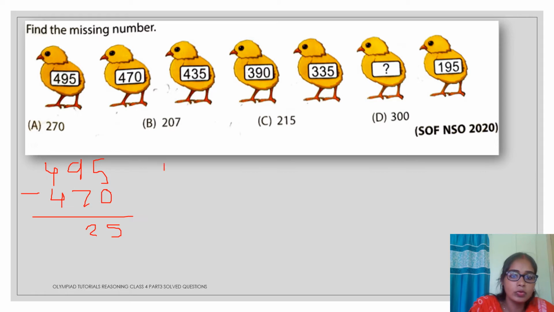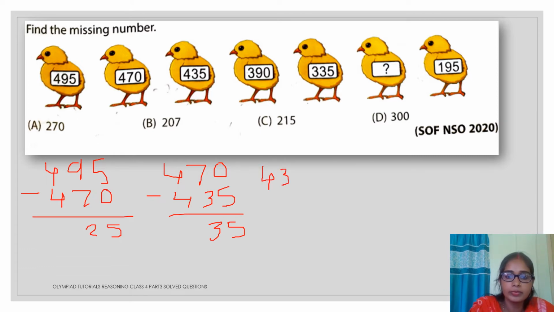Moving on to the next two numbers, 470 minus 435, you get 35. Again, 435 minus 390, you get 45. The difference is going on increasing by 10.